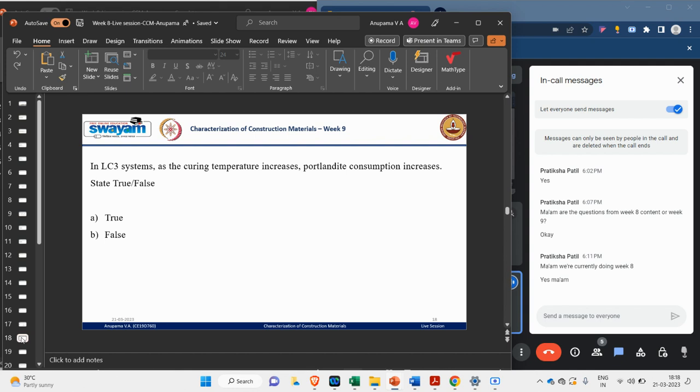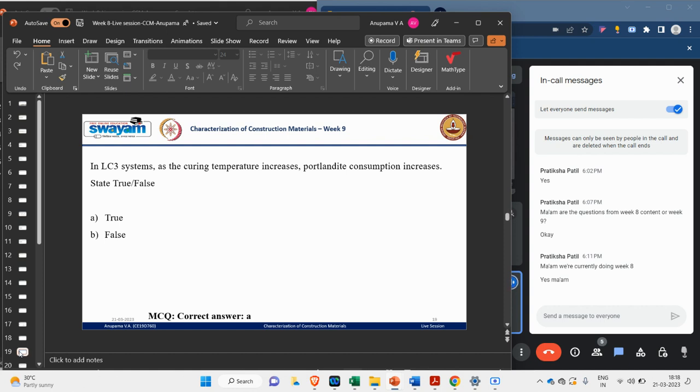In the case of LC3 system, we have limestone and calcined clay, and especially the calcined clay consumes more Portlandite, as we have seen in the previous questions, right? Fly ash, compared to calcined clay, consumes only a small amount of Portlandite, whereas calcined clay consumes more. So that consumption is even increased at a higher temperature.